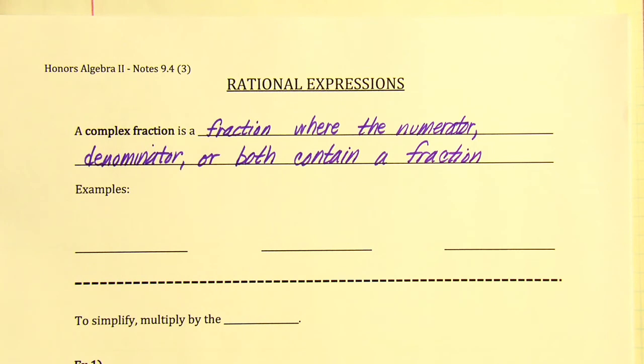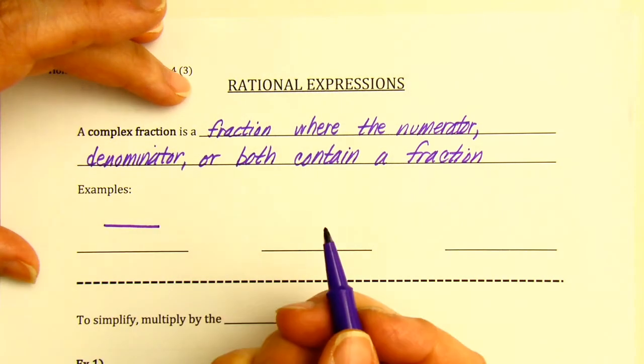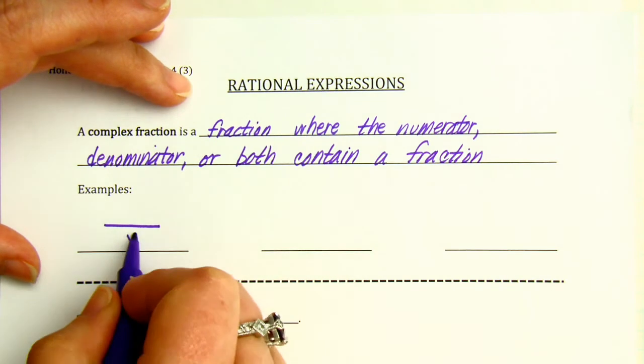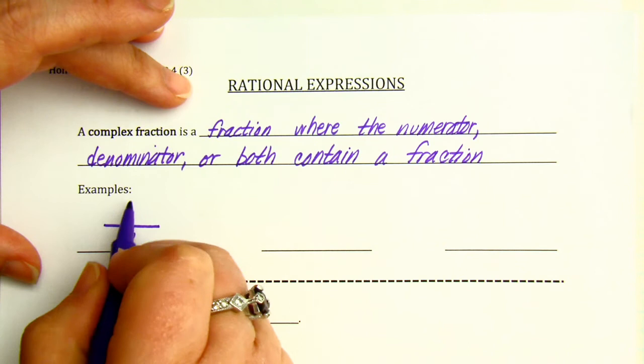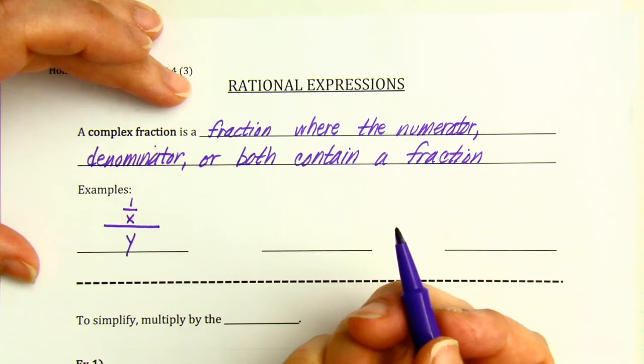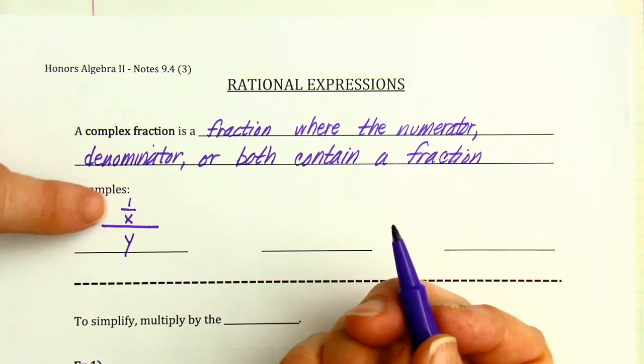So an example of a complex expression is here, where we have a fraction bar separating the numerator and the denominator. The denominator has a y. The numerator has a 1 over x. So here our numerator has a fraction in it.